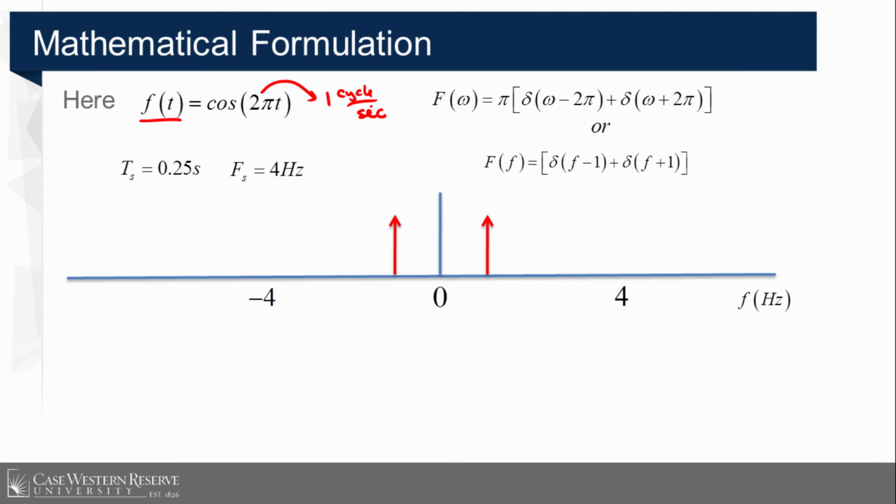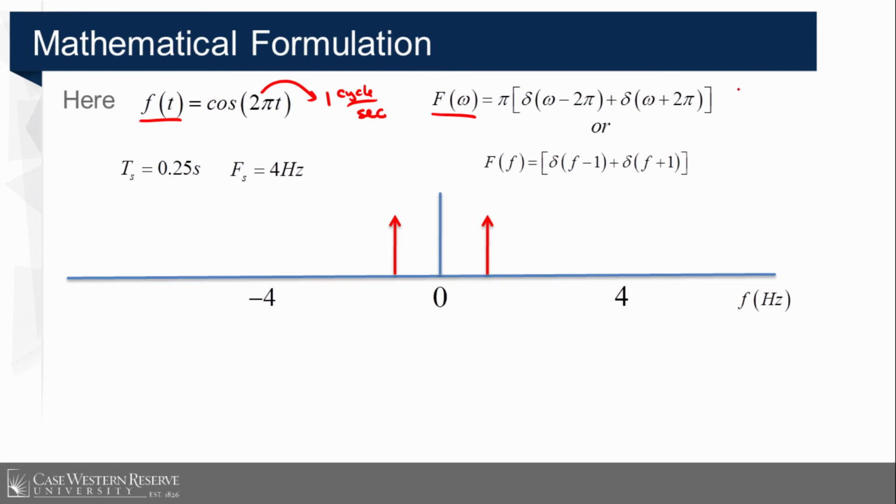And we can transform this time domain signal into the frequency domain using the Fourier transform, and we see that capital F of omega is the sum of 2 delta functions. So this makes sense, of course, because the cosine in the time domain should correspond to 2 delta functions in the frequency domain.